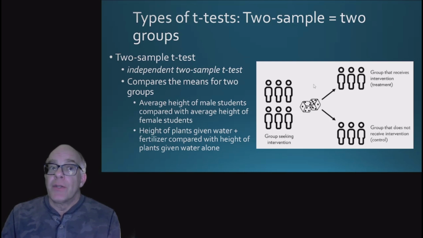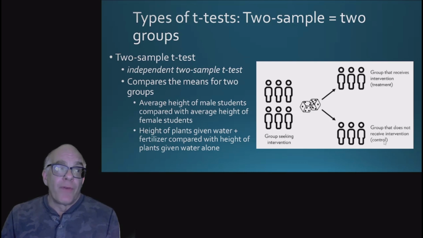So in this case, we've got 2 examples. We've got 6 subjects that are available for our study. We are going to randomly assign 3 of those subjects into a group that receives a treatment. So they basically receive the intervention. And we are going to assign, again randomly, 3 of those subjects into a group that does not receive the intervention. And so this is, in essence, a control group.